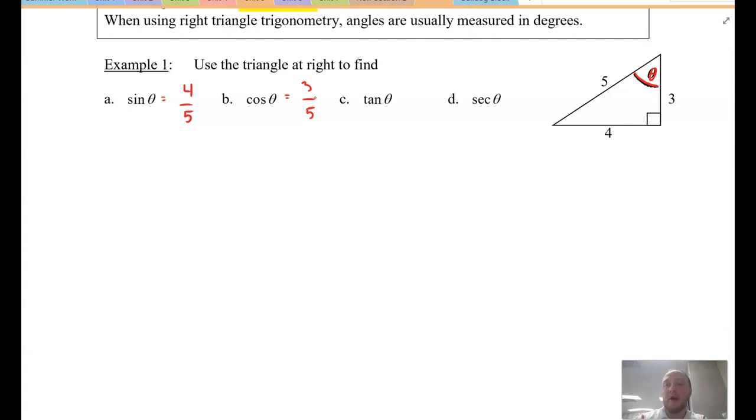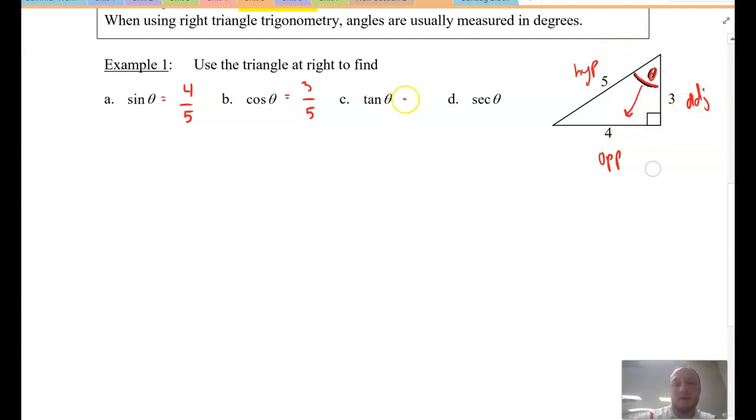And sometimes people get confused, like which side's adjacent, which side's opposite, which one's hypotenuse. Well, again, remember, hypotenuse is always across from our right angle, and the side opposite is directly opposite the angle. So that's how I go ahead and label. Here's theta, so this is opposite, this is adjacent, it's next to it, and it's not the hypotenuse. Here's the hypotenuse. Tan theta, that is opposite over adjacent.